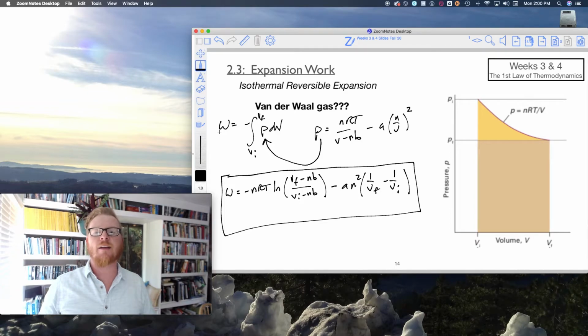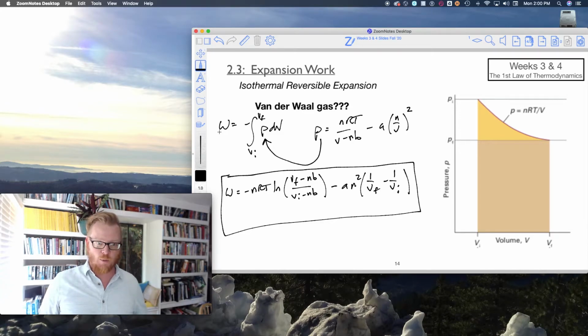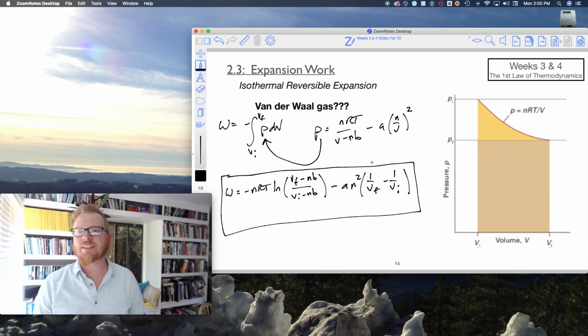However, if you're in a regime where repulsive forces are dominating, where the molecules don't want to get close to each other, it will take less work to reversibly expand a van der Waals gas than an ideal gas. So it's condition specific.